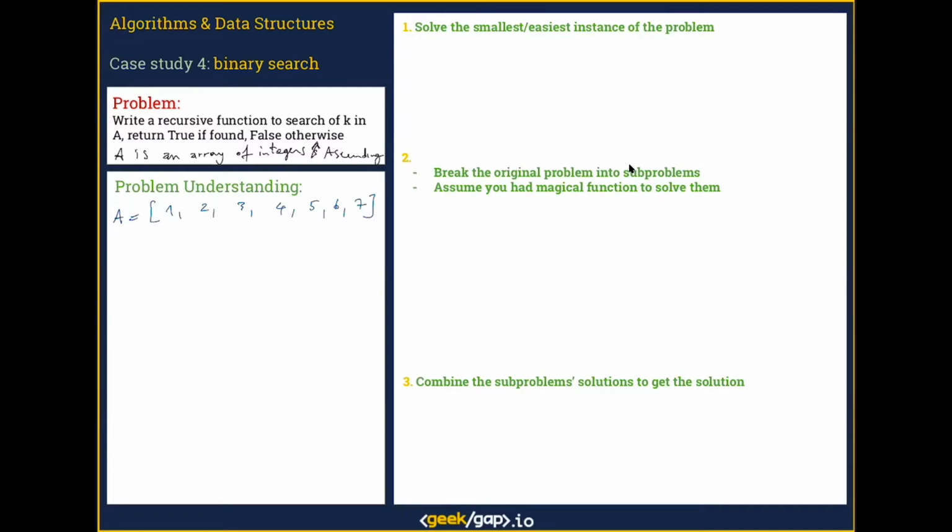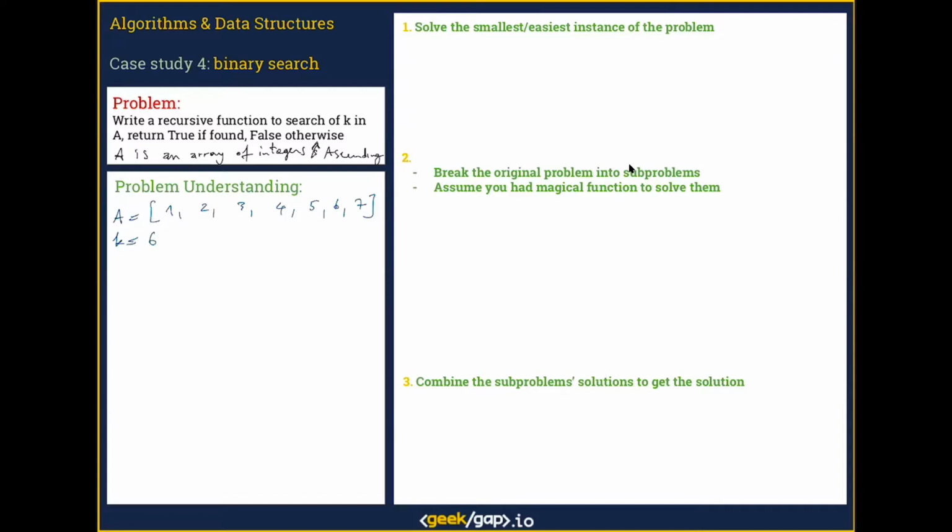In the previous webinar, we saw linear search. Just to remember what we did last time, say the target k that you're trying to search is 6.